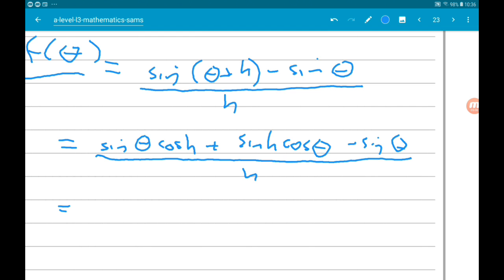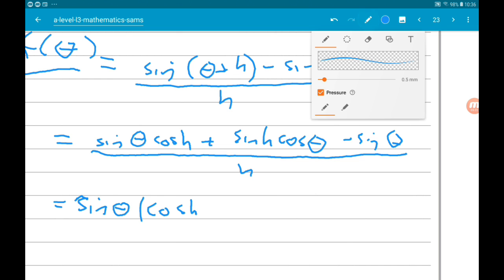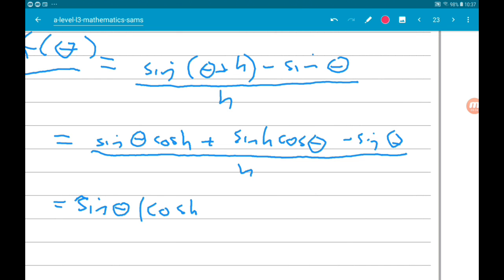So we have sine of theta times cos of h, and then we also have this minus sine of theta there.